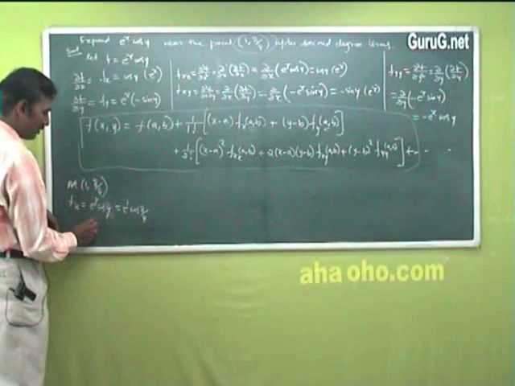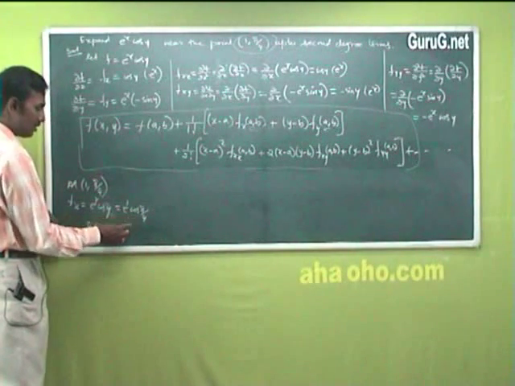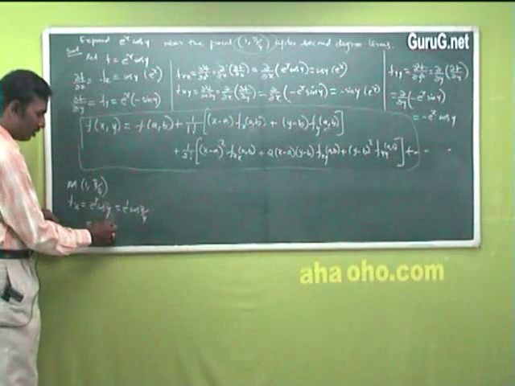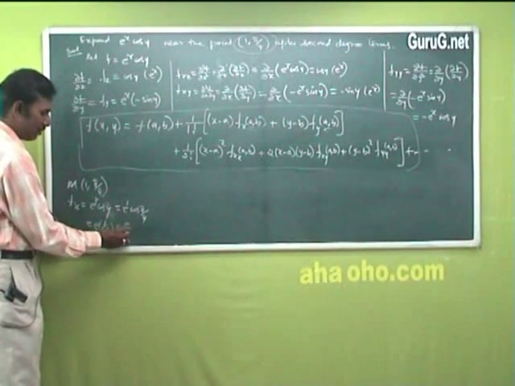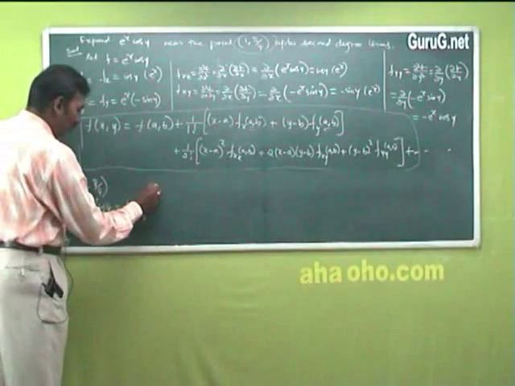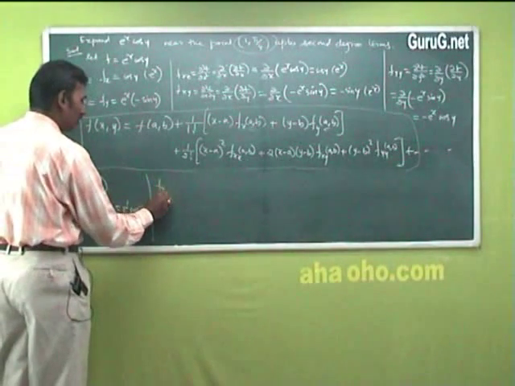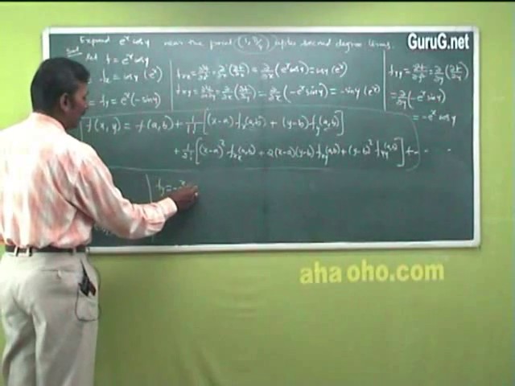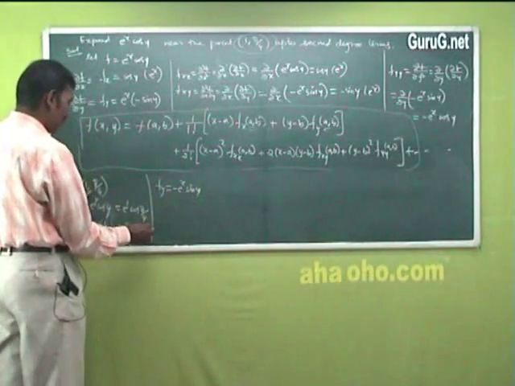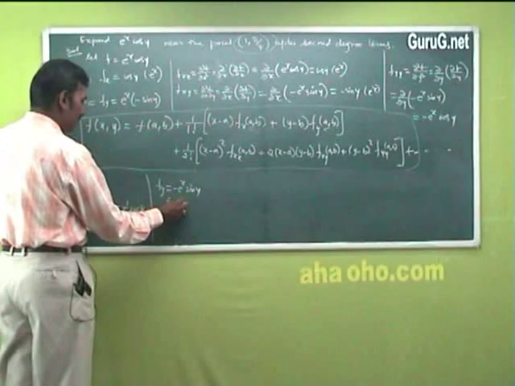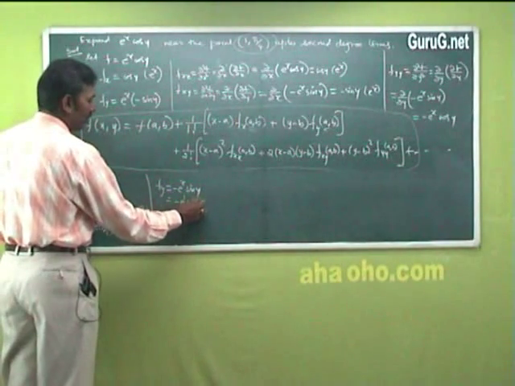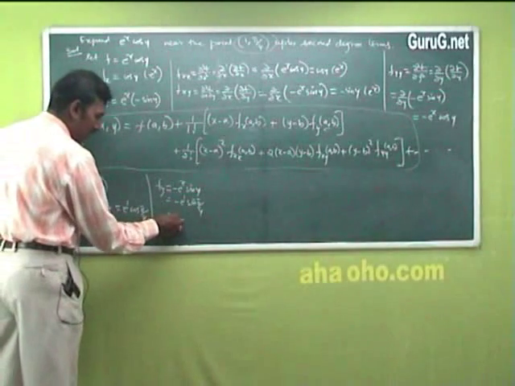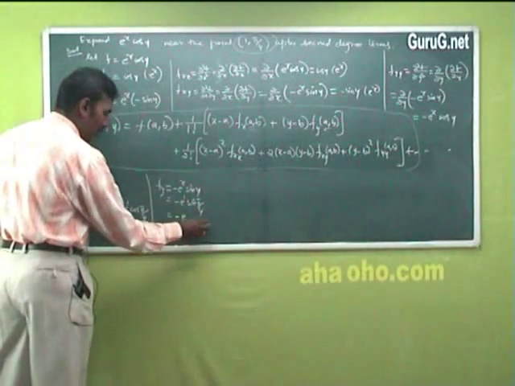So e power 1 is e. Then cos pi by 4, cos 45, so 1 by root 2. E by root 2. Next fy, minus e power x sin y. Again you substitute the same point, minus e power 1 sin 45. So sin 45 again 1 by root 2. So minus e by root 2.